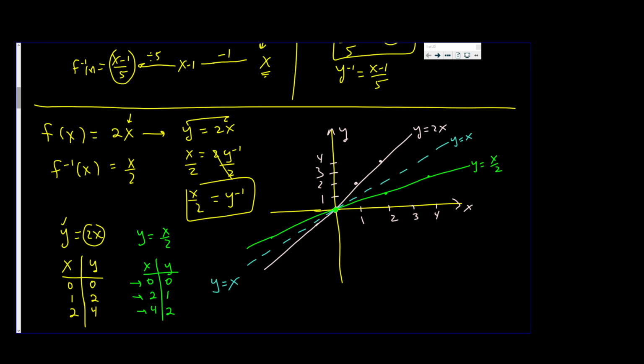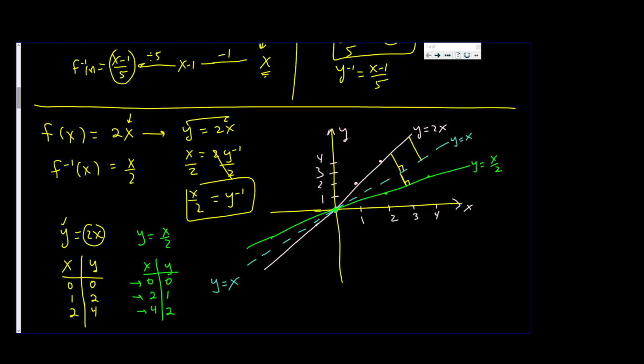They're mirror images. In other words, if I go to the blue line at a right angle, whatever that distance is, and please don't give me a hard time if my graph doesn't look like this, that distance is going to be the same.